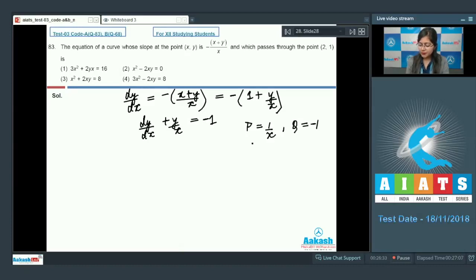equal to minus 1. Therefore the integrating factor will be equal to e raised to the power integration of p dx, which will be e raised to the power ln x, which is equal to x.